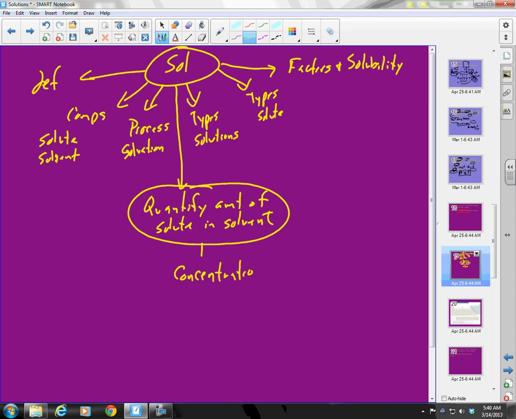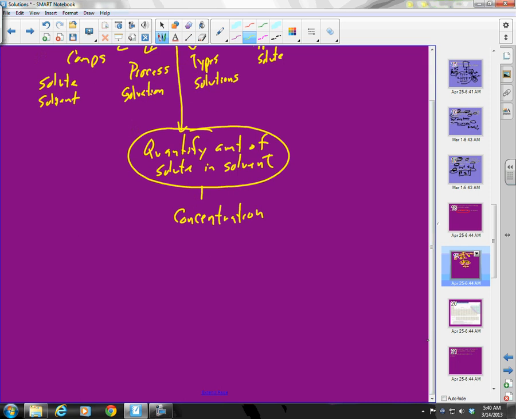Concentration really is just what I said up there. It is a measure of the amount of solute dissolved in the solvent.